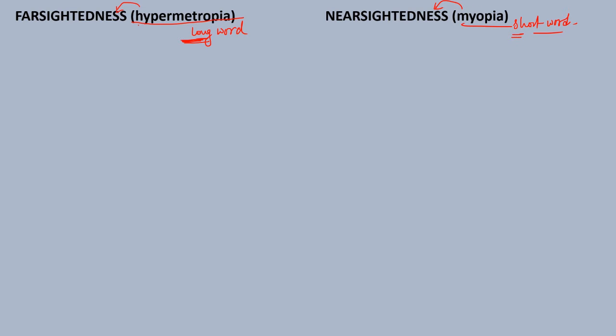Actually, there are three types of defective vision in the human eye, but here we will be concentrating only on myopia and hypermetropia. All right, some people cannot see things clearly due to loss of accommodation power of the lenses in their eyes. So what happens? Because of this defective refraction by the lenses, their vision becomes either fuzzy or faint.